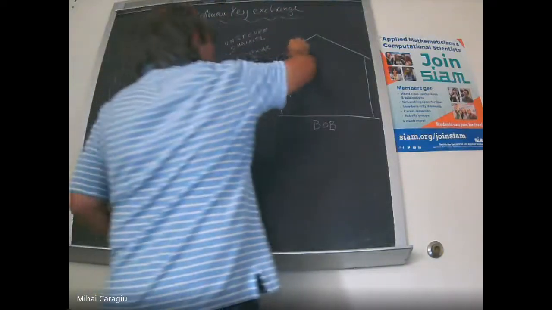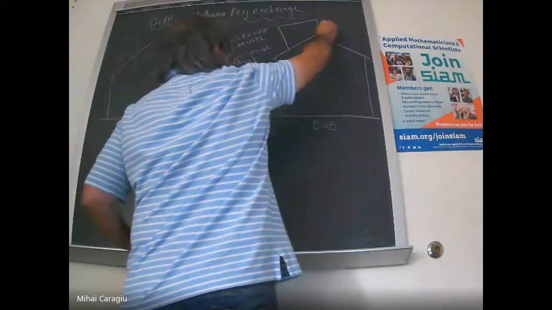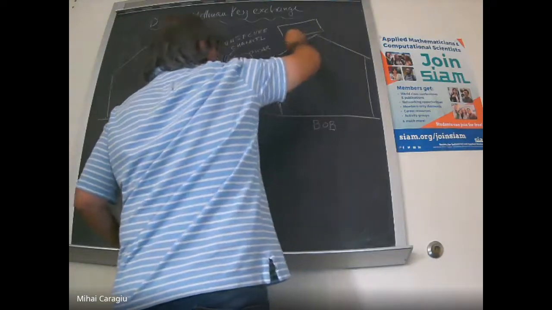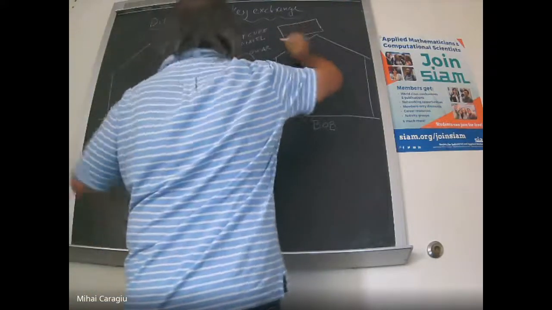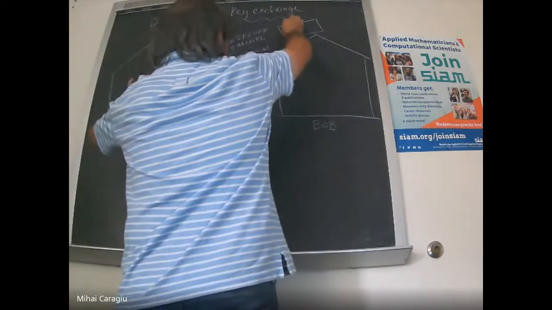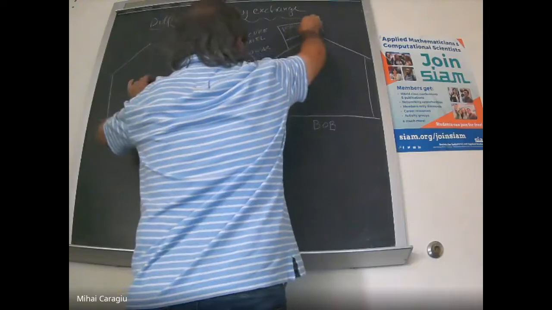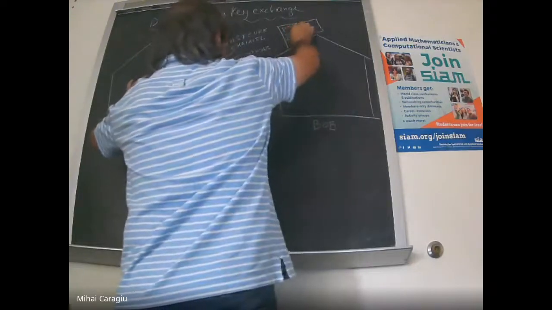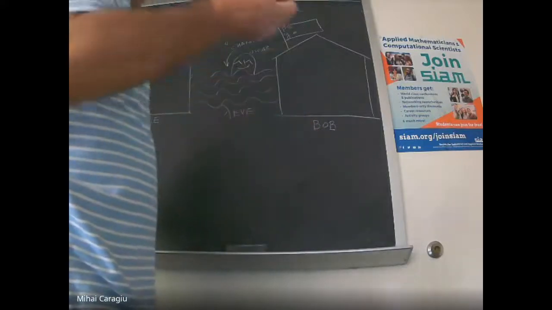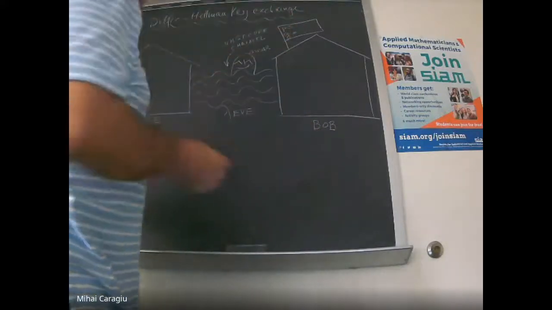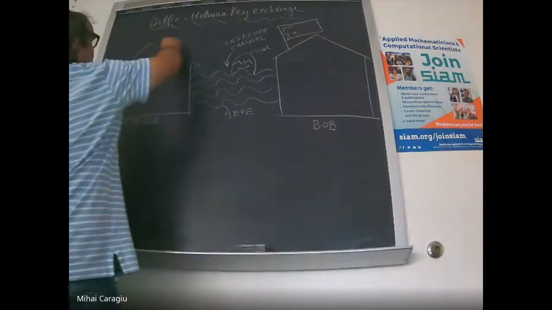So Bob and Alice, in their discussions, agree on a big prime P and a primitive root G mod P. So for practical purposes, they can make this public. So the values of P and G are public at this moment.